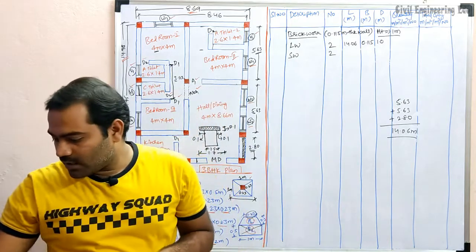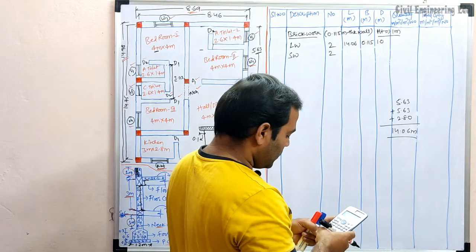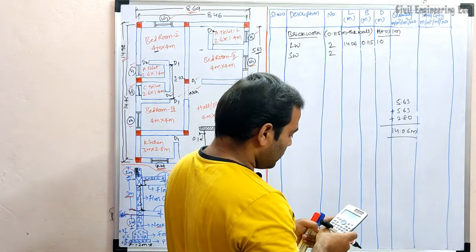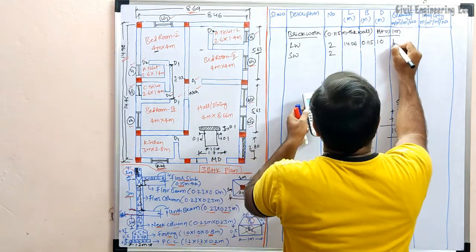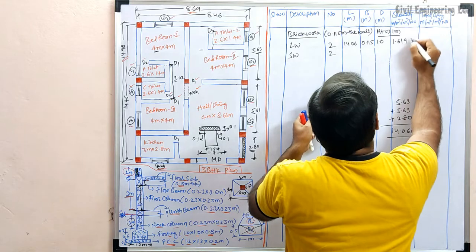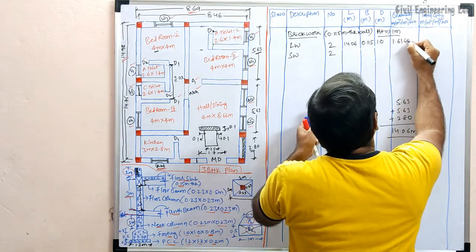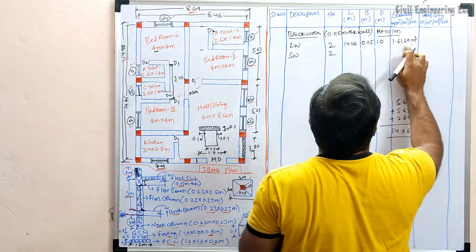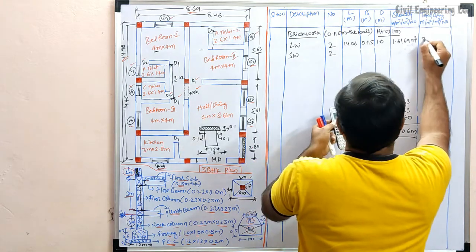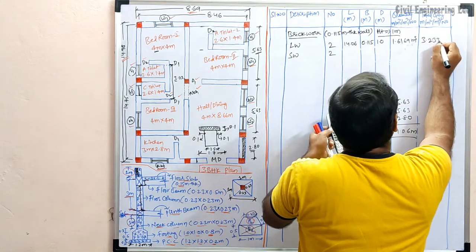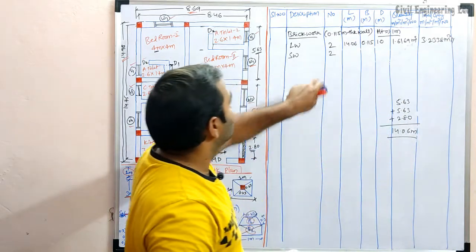So what will be our quantity? 14.06 into 0.115 into 1 meter. So here I got 1.6169 meter cube multiplied by 2, so into 2, 3.2338 meter cube.